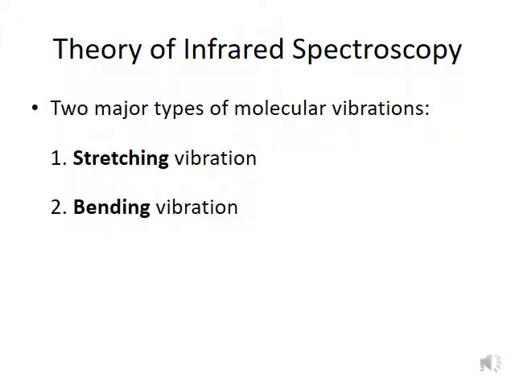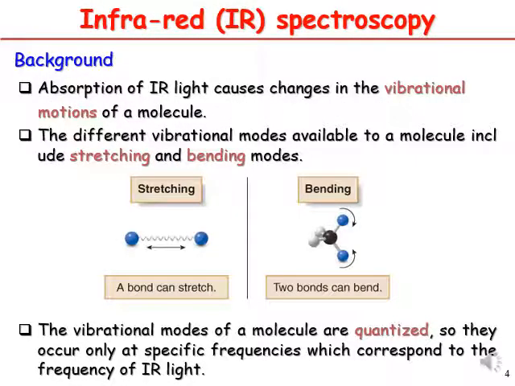So we go for the theory of infrared spectroscopy. Basically, infrared spectroscopy consists of molecular vibrations in two major vibrations, which are stretching and bending. These are the two major vibration motions of a molecule.